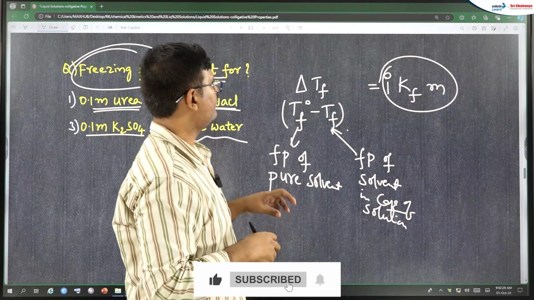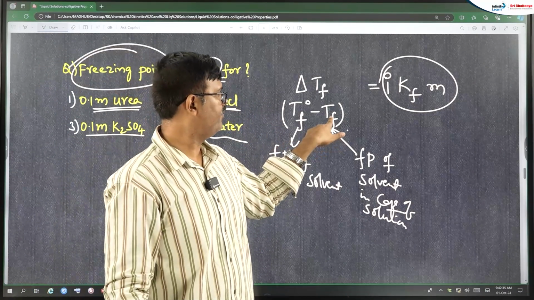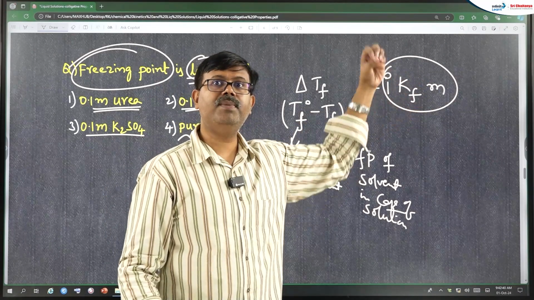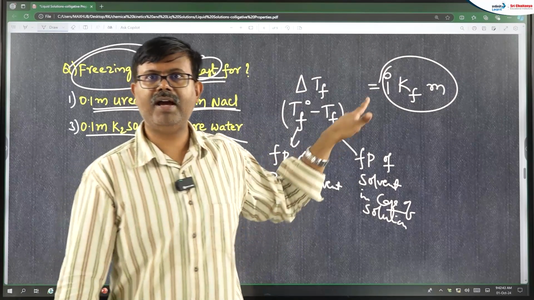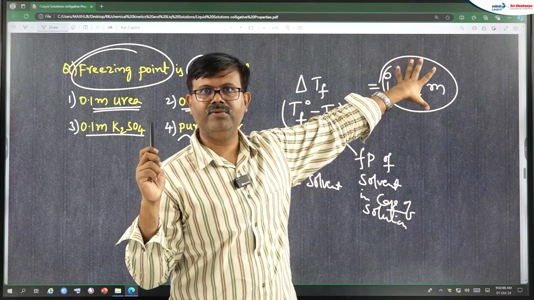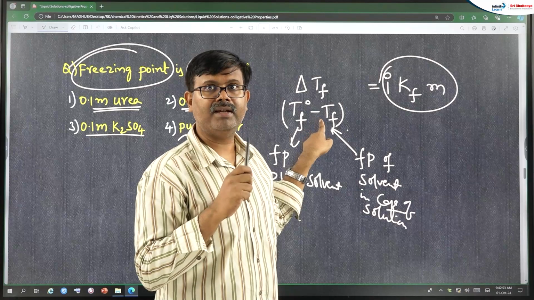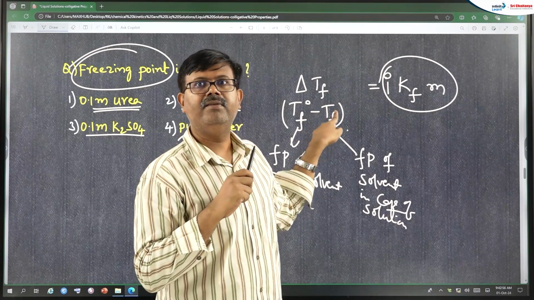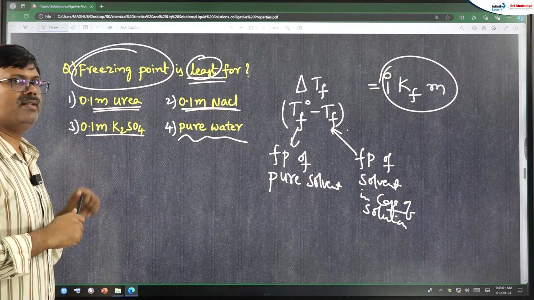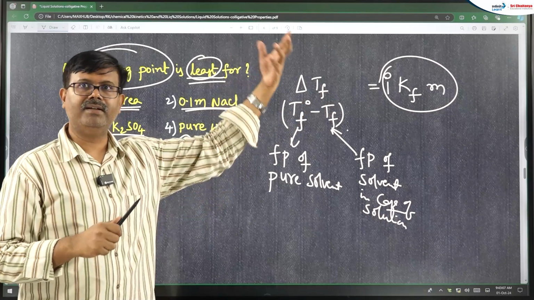So we understand that least freezing point we want means, because of minus sign, right side quantity has to be big. If i into molality value, if you check in the options and see where it is the biggest value, automatically, because of minus sign in front, I am repeating again, freezing point value will be smallest. So let's check in the 1, 2, 3 options where this i into molality value is big.